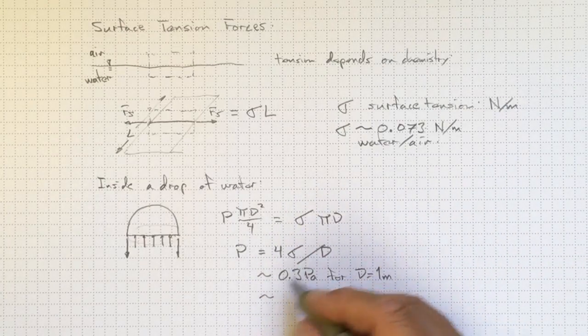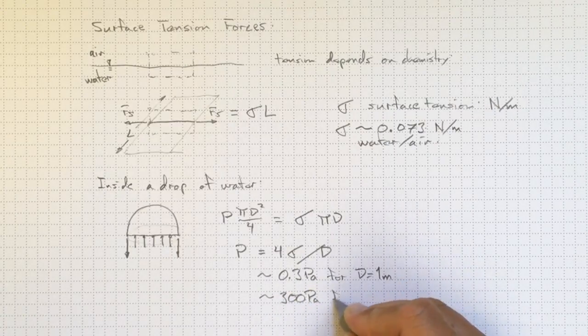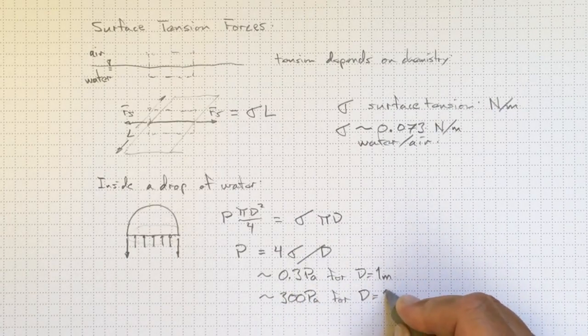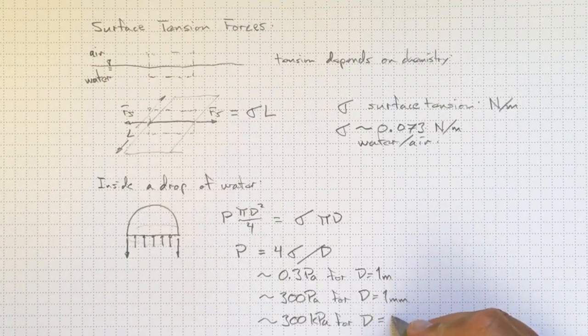But if we go down to the scale of the video we looked at, we would get to about 300 pascals for drops that are 1 millimeter in diameter, or about 300 kilopascals, 3 atmospheres, for drops that are about 1 micrometer in diameter.